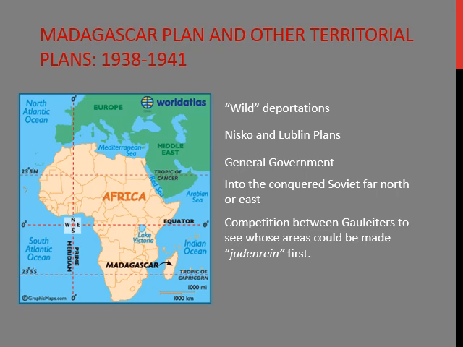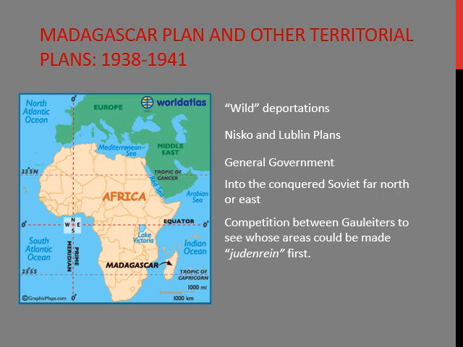Then this kind of morphs into two very poorly thought out possibilities of creating reservations for Jews. Hitler once mentioned that he thought that the Jewish problem might be solved the same way that America solved its Indian problem, with reservations.